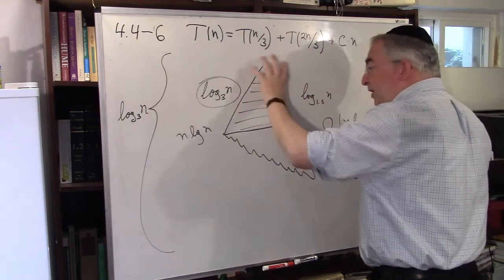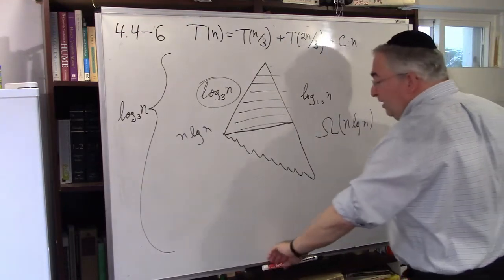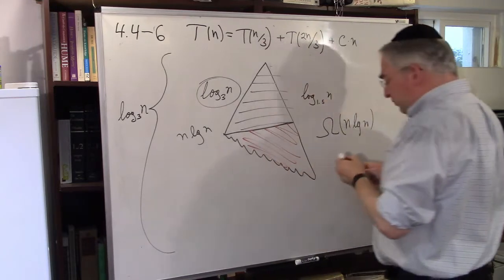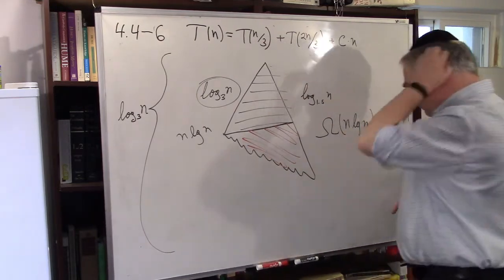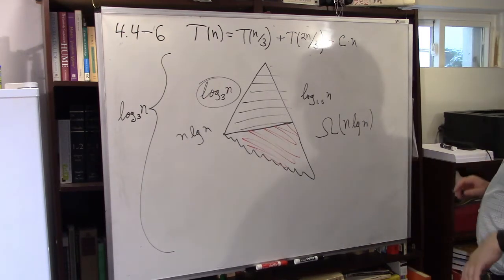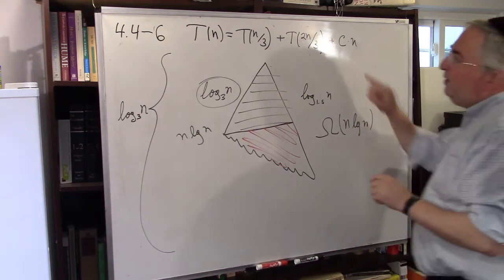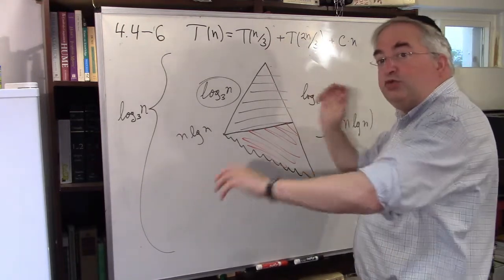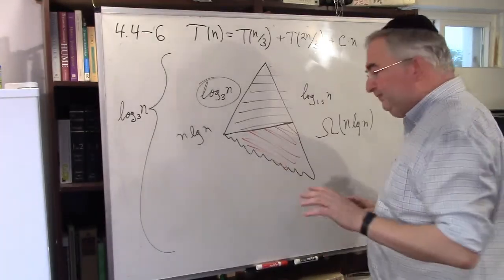So again, this part of the tree itself is n log n, but then when you add in this extra stuff, you get a lot more. Okay, so that's what they're doing. It's a nice thing. It's a little bit more complicated, but notice because there's two different unequal things, the trees turn out a little bit lopsided. Great.